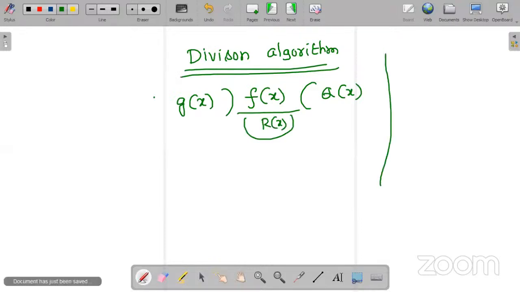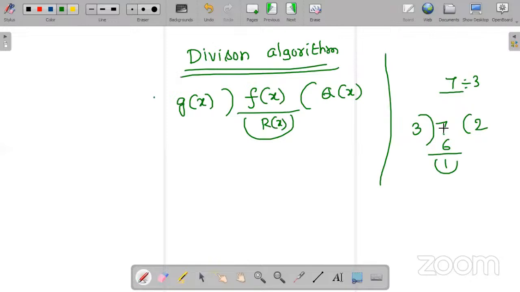See, my dear students, for example, if 7 is divided by 3, how do you divide? If you divide, what do you get? 3 twos are 6. The remainder will be 1. Now this 7 can be written as 3 into 2 plus 1.